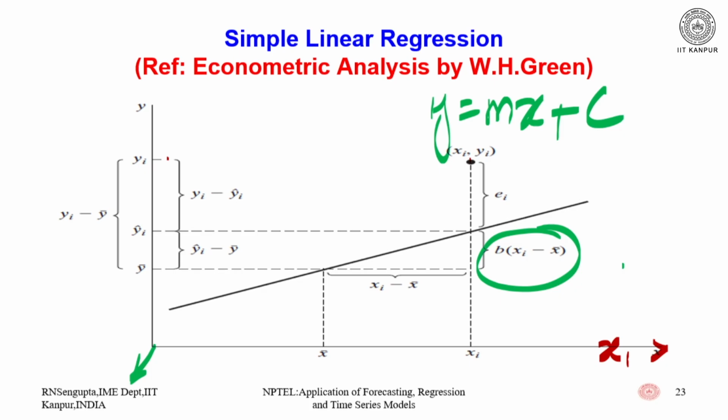In case you have the 3-dimensional one, again I am making the gesture with my hands. You have x1, x2 and y, then obviously you would have an implication of the rate of change of y with respect to x1 when x2 is kept constant, and that is important. I will come to that later.